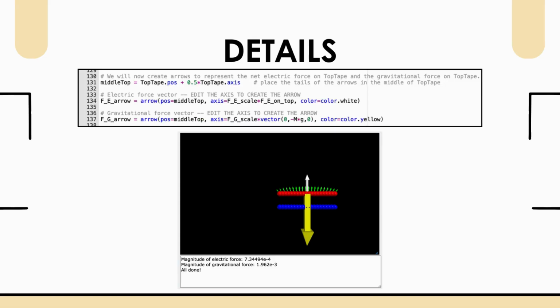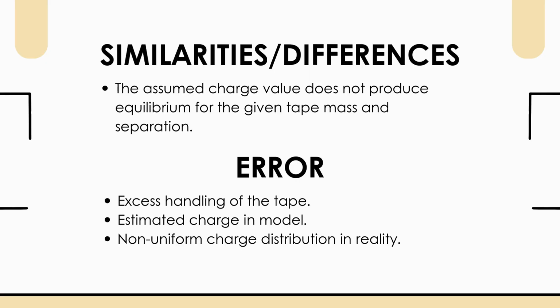Finally, the magnitude of this net electric force is compared to the gravitational force, and arrows are displayed to visualize both forces. As you can see here, however, the magnitude of the electric force differs from the magnitude of the gravitational force.